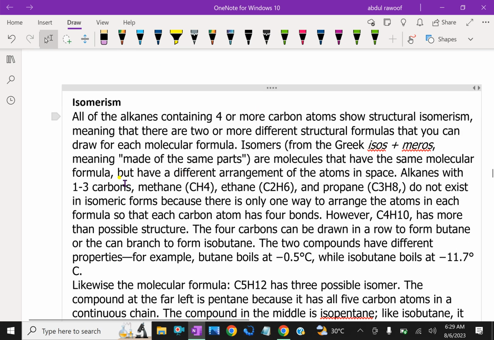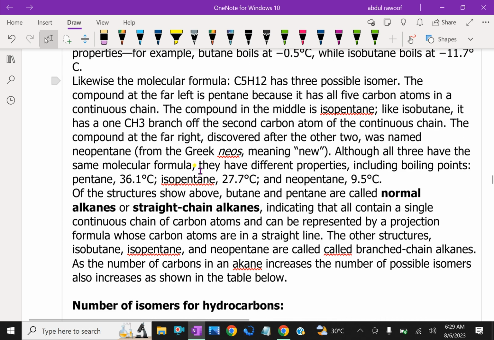Further detail about isomerism: all of the alkanes containing 4 or more carbon atoms show structural isomerism, meaning that there are 2 or more different structural formulas that you can draw for each molecular formula. Likewise, the molecular formula C5H12 has 3 possible isomers.